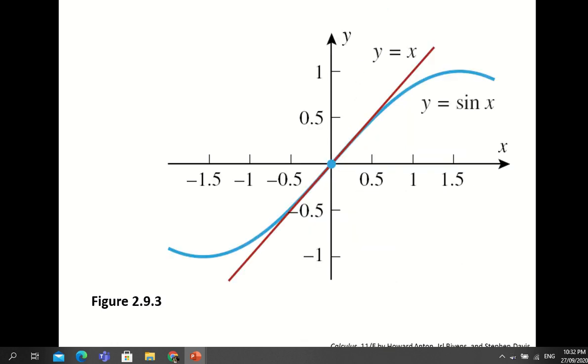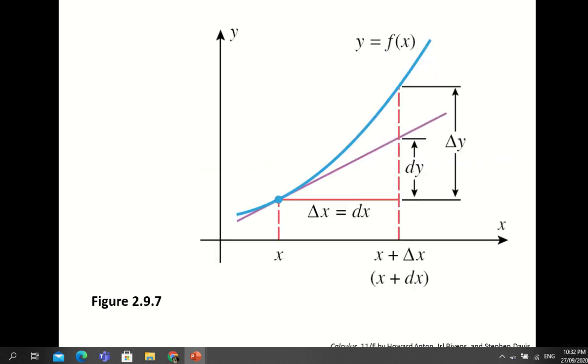Then we have here an example of a sine function, and this is our tangent line, y equals x. Then in terms of differentials, we equate delta x to dx. To relate this with our discussion on the derivative, our delta x is really equal to dx.